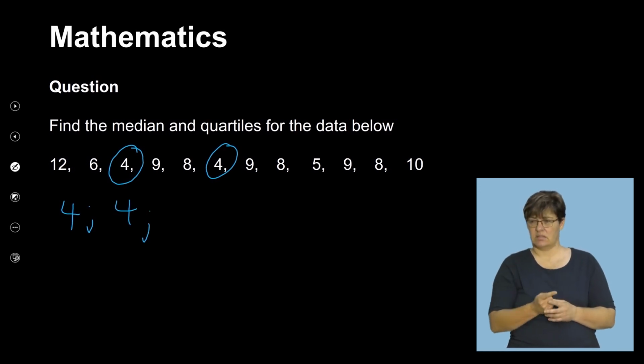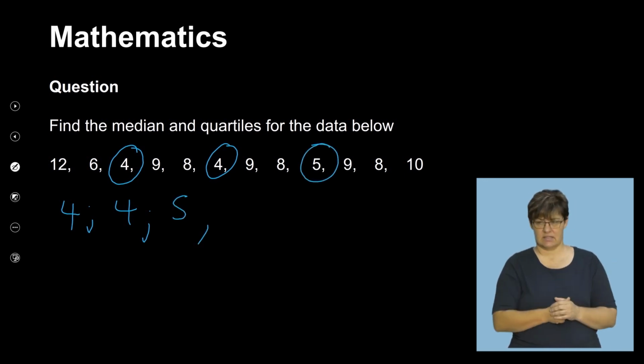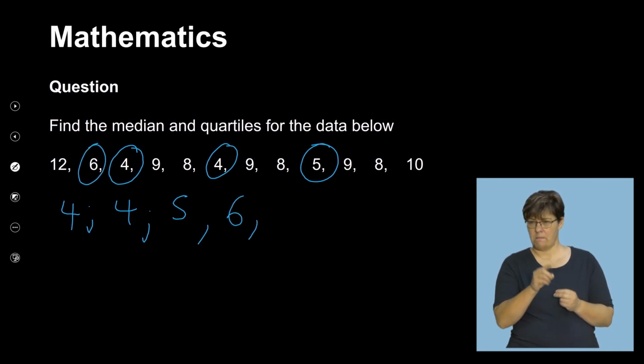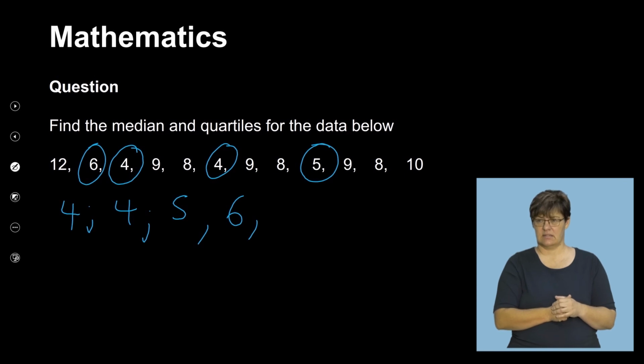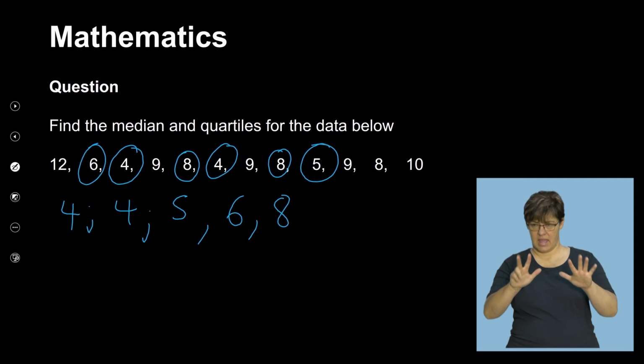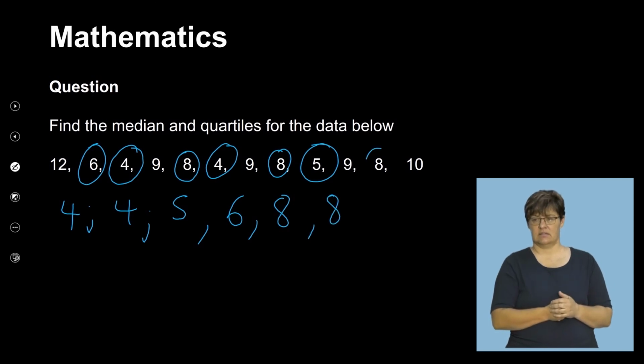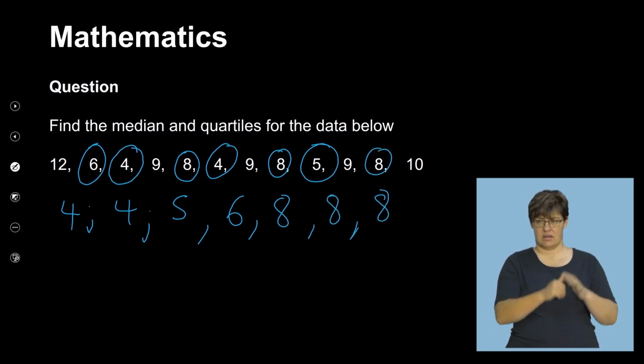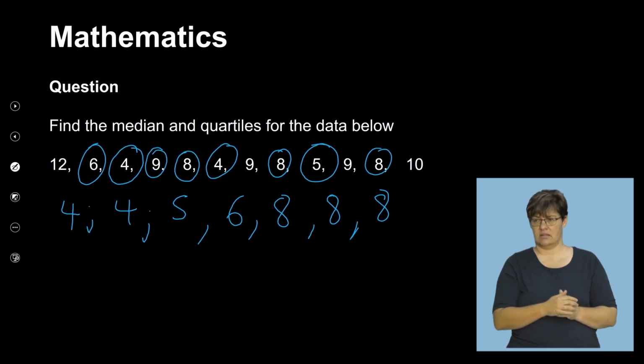I have 4 there. The next one is 5, which is 5 there. Then what else? Oh, there's 6. Then I have 6. After 6, what can I put? I have 8. Another 8 there, another 8 there. Then what else do I have? 9, 9, 9.